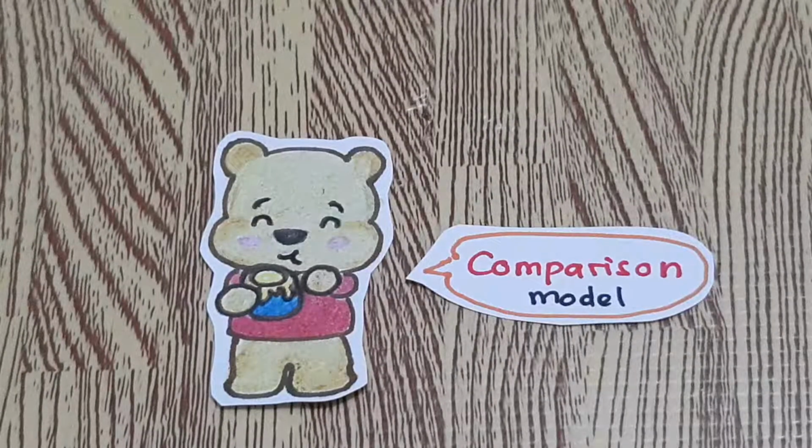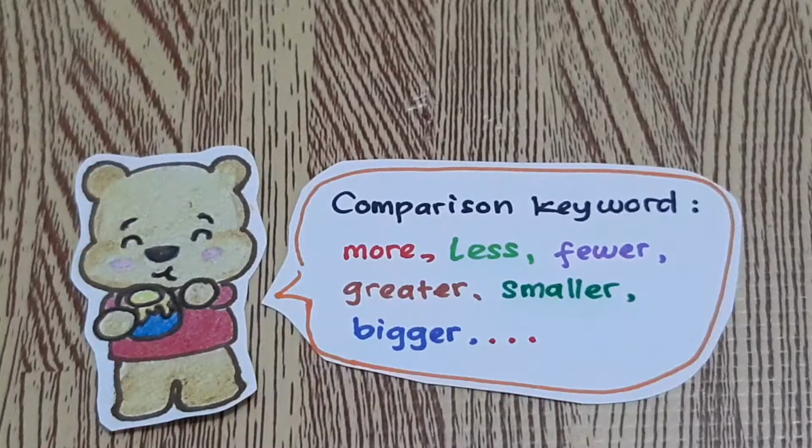In comparison type of question, do you still remember the keywords? Can you mention 3 keywords? If you forget, these are some of the comparison keywords: more, less, fewer, greater, smaller, bigger.